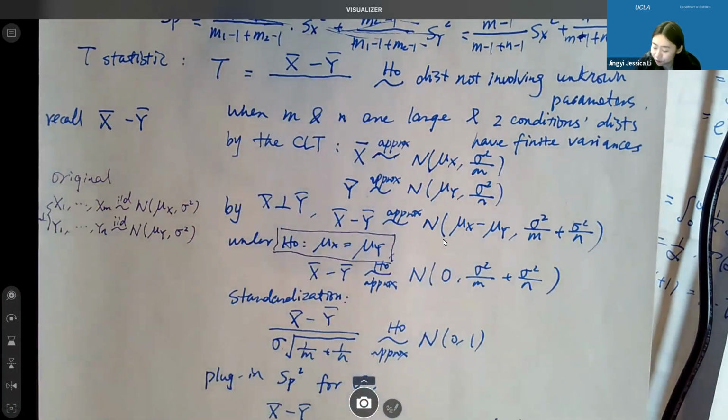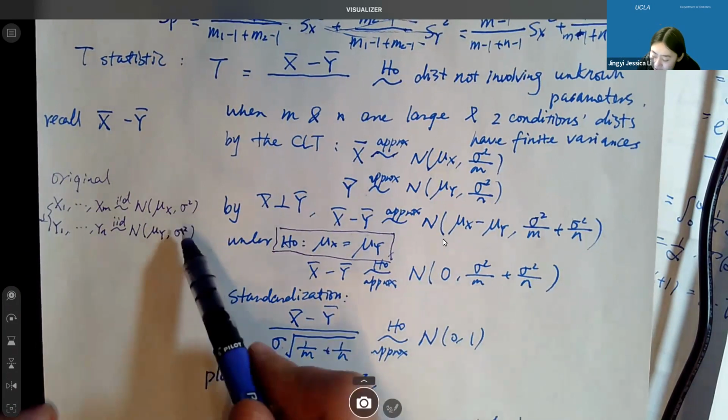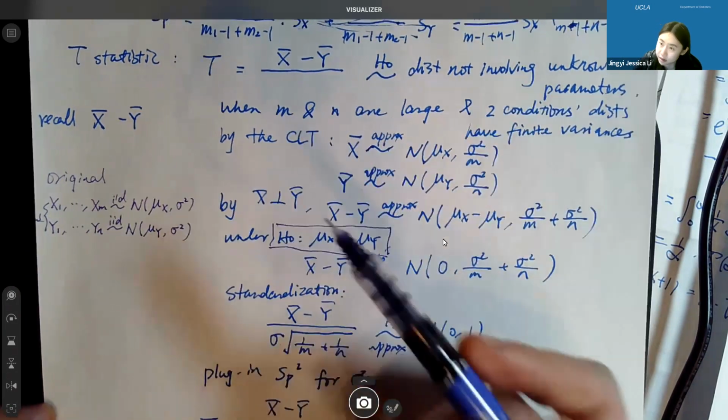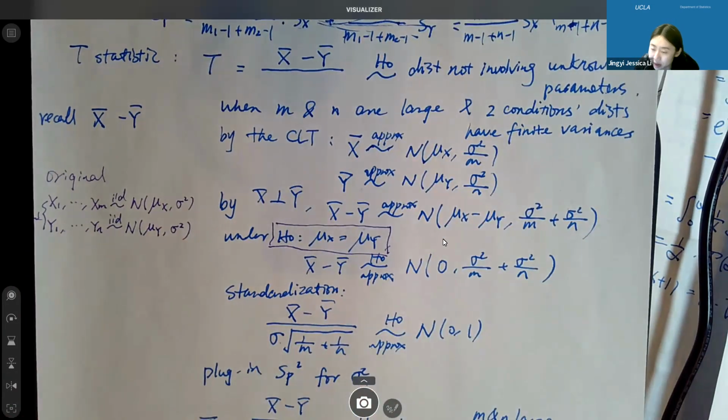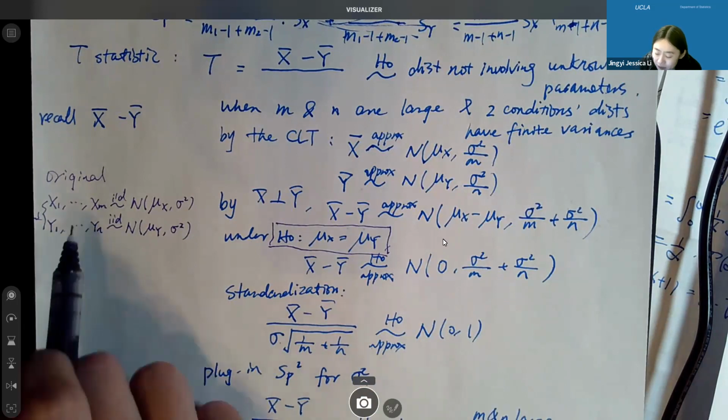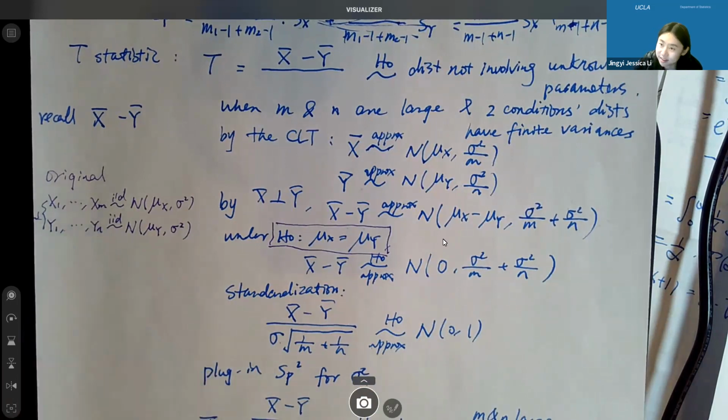So the whole idea still follows. But one thing you may wonder is whether it is safe to assume the same population variance for the two conditions. This is a really hard thing to check, especially if your m and n, the two sample sizes, are small.